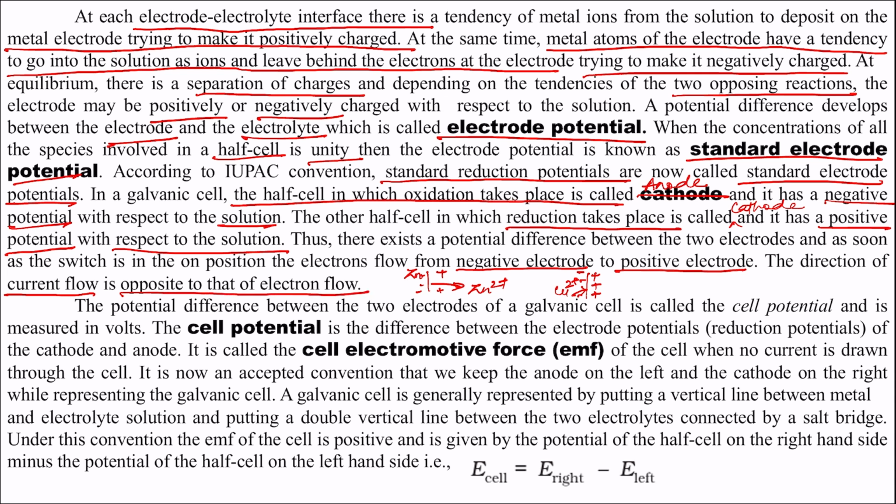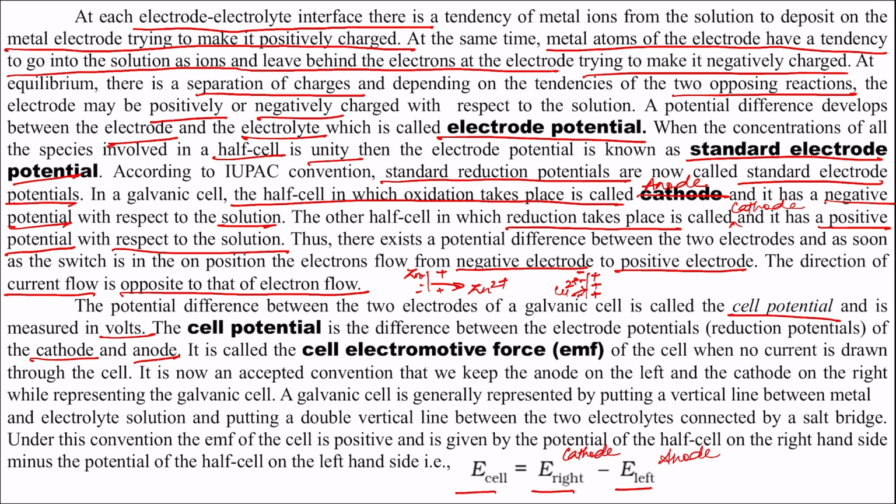Now, the potential difference between the two electrodes of a galvanic cell is known as cell potential, and it is measured in volts. It is the difference between the electrode potentials, that is, the standard reduction potentials of the cathode and anode, and it is represented as E cell = E_R − E_L. The right-hand side electrode is the cathode and the left-hand side electrode is the anode.